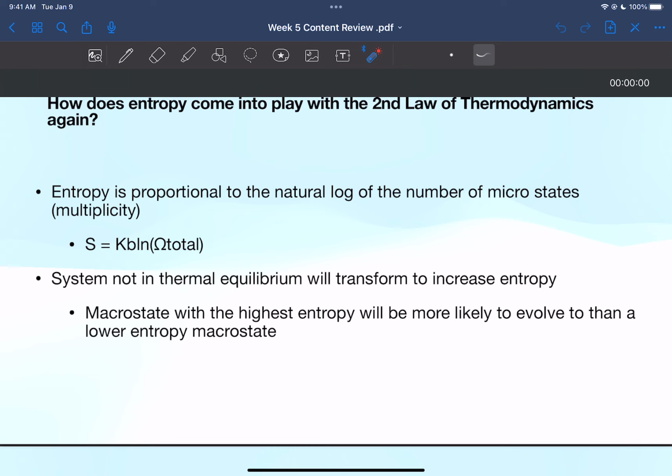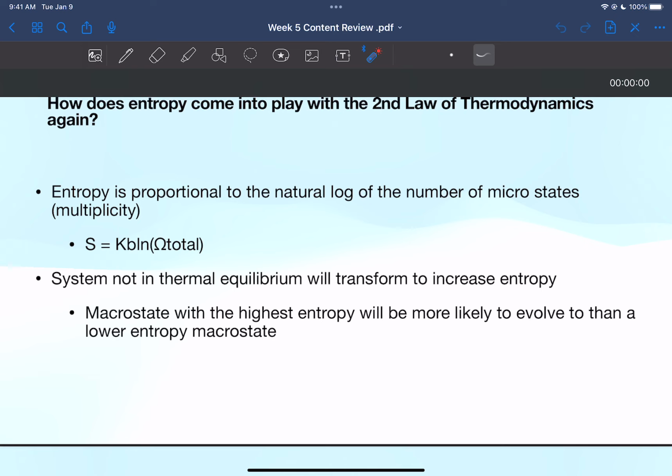So the idea is that systems and the universe will try to achieve a state of higher entropy, and that's what's going to happen. If we connect that idea where entropy is proportional to the natural log of the number of microstates, then a higher entropy means you have more microstates.